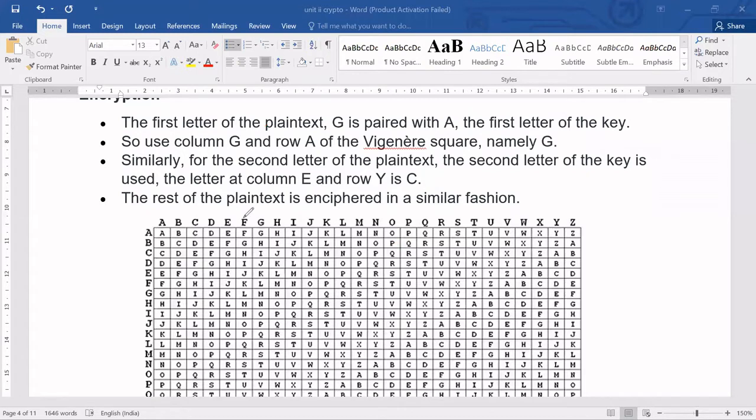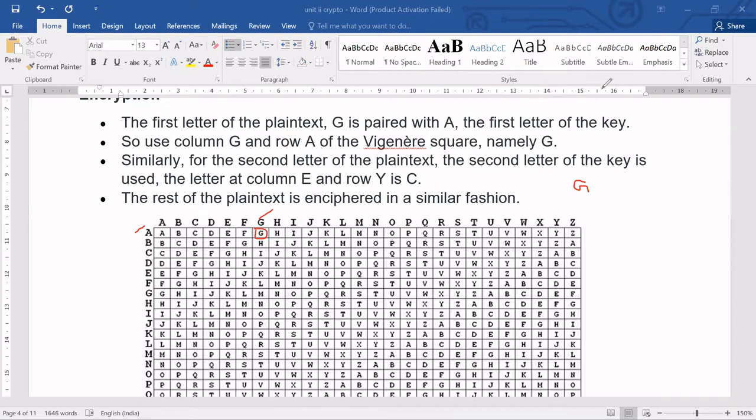We have to go column wise, search for G, and row wise A. A is here. So which match is found? That is G.